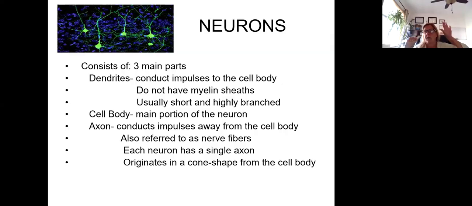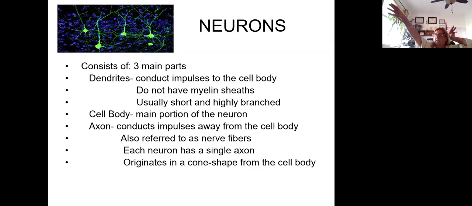I always like to do this: if my head is the cell body, then this little short guy right here is your dendrite. He is speaking to an axon on this side, and they're interchanging information.